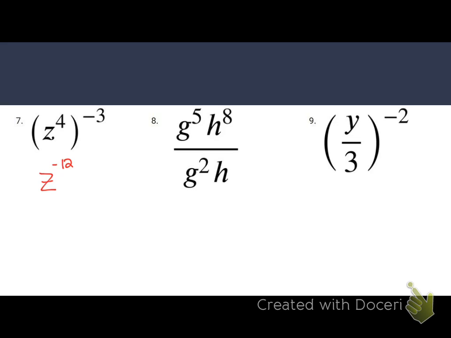But we are never going to leave our answers with negative exponents. So now to get rid of the negative exponent, we have to use a fraction. So this ends up being 1 over z to the 12th, positive 12th power. Questions about that? No questions?